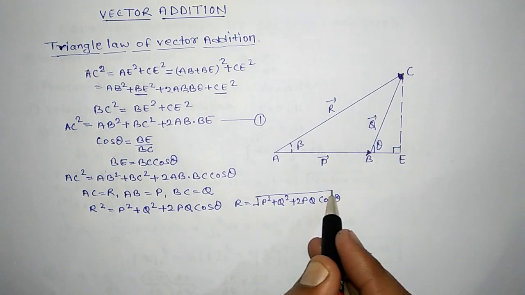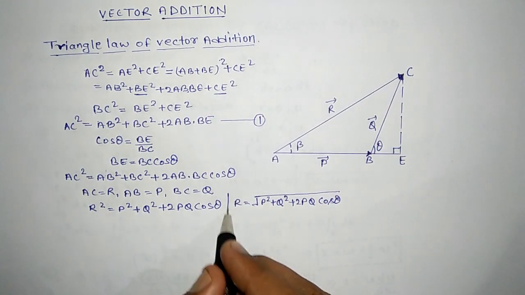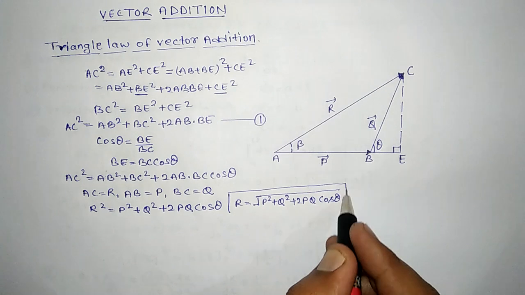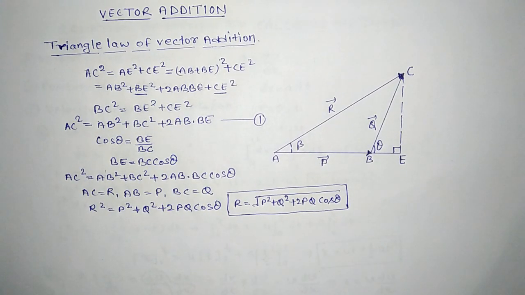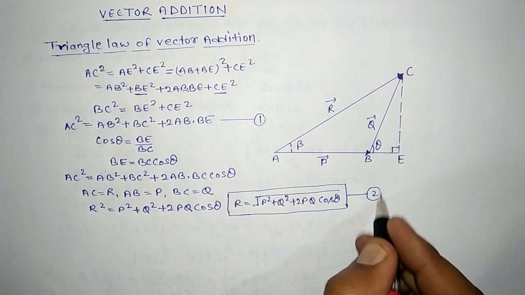This is the general formula for calculating the resultant of two vectors which are making an angle theta with each other. This can be written as equation number 2.